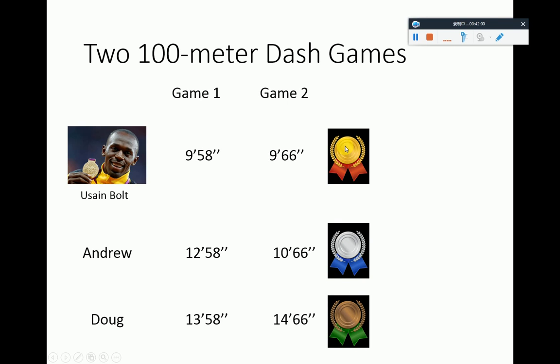So, in other words, if we just look at the kind of medal that Mr. Bolt, Andrew, and Doug win, you will not be able to know the specific performance that won them the medals. You will only know that Bolt is faster than Andrew, and Andrew is faster than Doug, but you don't know how much faster.